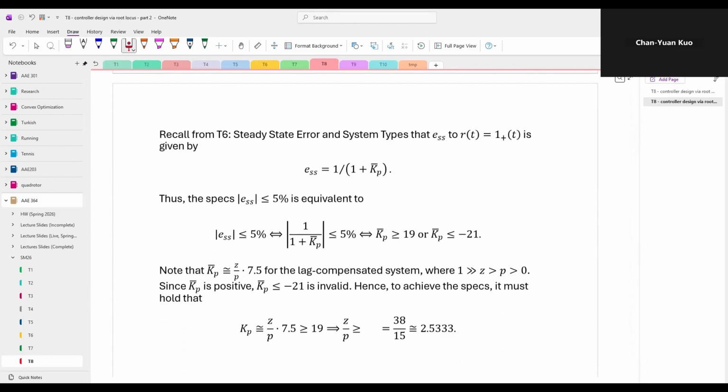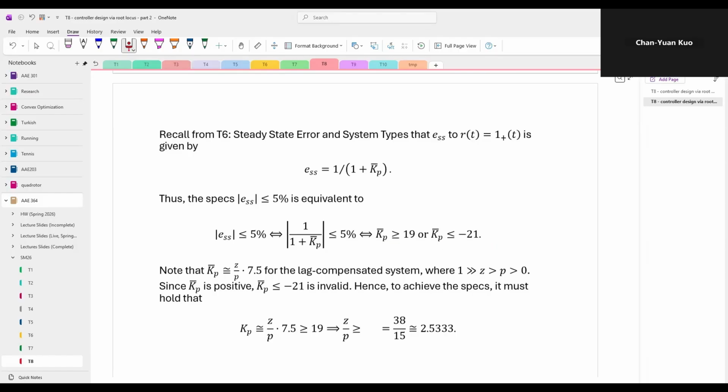And now let's determine how large the ratio needs to be to meet the specifications. Recall from topic 6 that for a type 0 system, the steady state error to a unit step input is inversely proportional to the position error constant. Therefore, to ensure a steady state error of less than 5%, the position error constant must either be greater than 19 or less than -21.